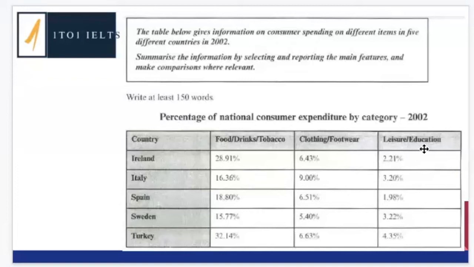Yeah, Gabby says leisure and education is the lowest number for all categories. And how about food, drinks, and tobacco? Highest. So to me, that's definitely a key feature. Like saying, okay, all of these are higher than all of these, and all of these are lower. So rather than again going into small detail, I think these would be our two next key features that we can mention. So okay, leisure and education, much lower percentage for all countries.